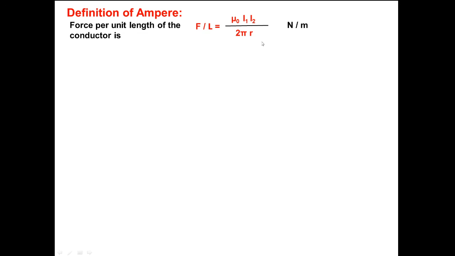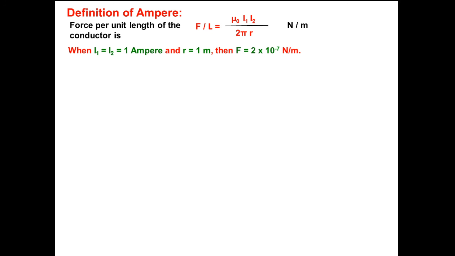Now how can we define ampere, which is one of the 7 SI base units? We know the force per unit length of the conductor, F by L, equal to mu naught I1 I2 by 2 pi r newton per meter.